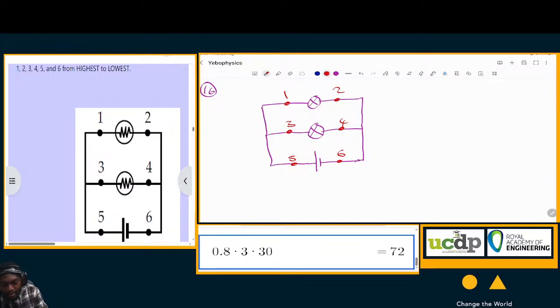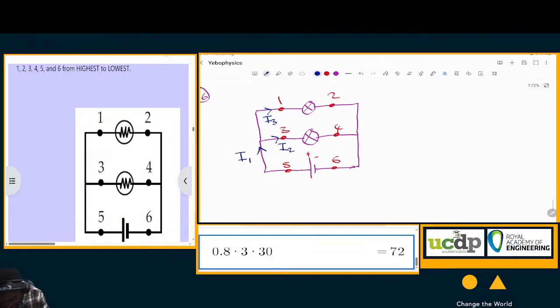Alright, so current flows from the positive to the negative. Conventional current rather. So current is going to get to that point, which we can say is your I1, branches there to I2, and branches there to I3.